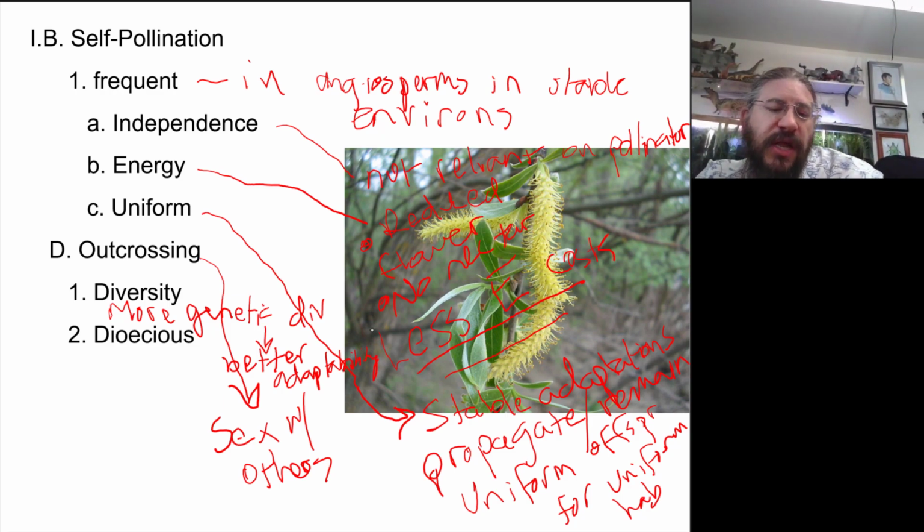So more genetic diversity basically means more grist for the mill of evolution, more traits that could be neutral, advantageous, or disadvantageous in the environment.